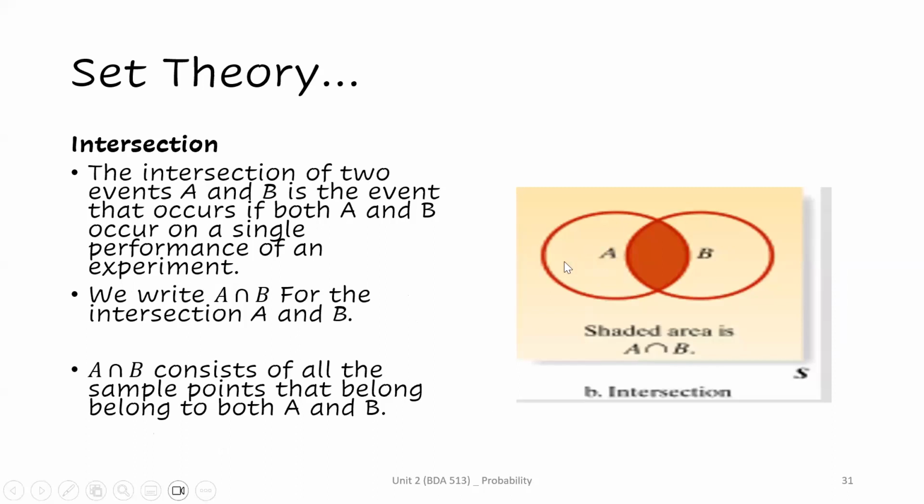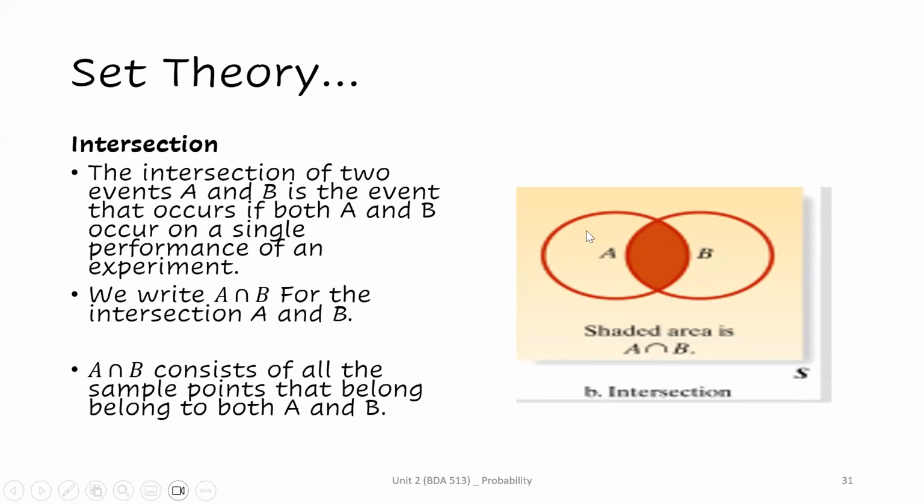And then when we talk about intersection, it is denoted by this: A intersection B. Here we want to look at all the sample points that belong to both A and B, so it is only the shaded area.